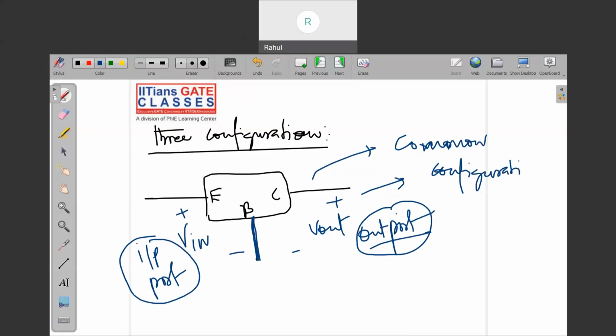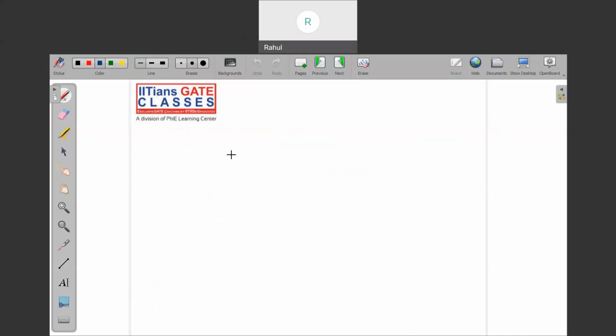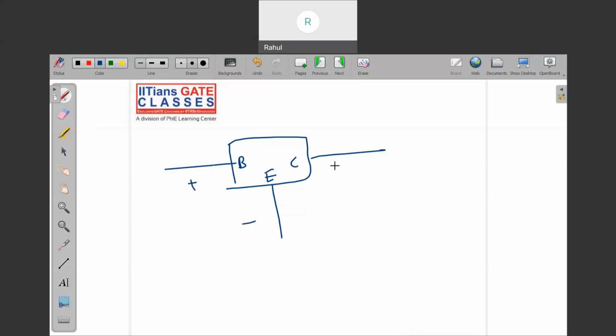In entire analog, we talk about four kinds of amplifiers and three kinds of common configurations, right? So this is the common base configuration. Suppose this is the base, this is the emitter, and this is the collector, and we apply the input between base and emitter and take the output between this and this.